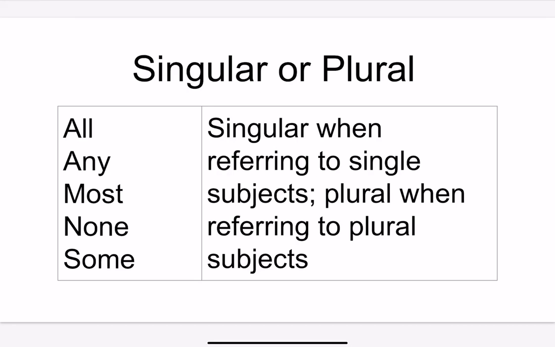These words, it depends: all, any, most, none, and some. That could be singular or plural. If I say all of the cake, that's going to be singular. But if I say all of the marbles, that's going to be plural. So I'd have to choose a singular subject in some cases and a plural in other cases.